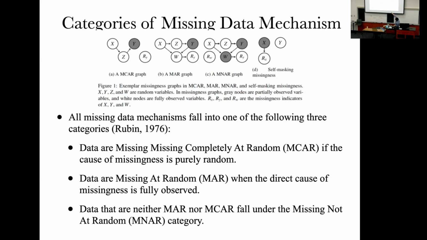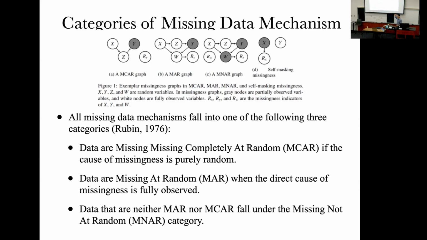In this case, it's missing at random. So here you have the missingness indicator RY, and whether Y is missing depends on the value of W. However, W does not have missing values. Okay, this is missing at random.